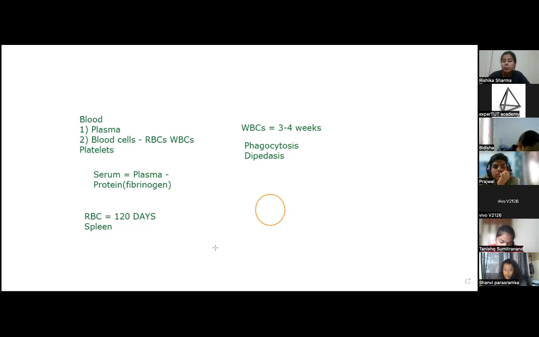But when we talk about engulfing, suppose this is your bacteria or germ, the WBC will open up and engulf it. Engulf मतलब किसी चीज को खाना, ठीक है? So in the process of phagocytosis, the WBCs open up and engulf the germs and bacteria, so as to protect your body from any kind of infection.